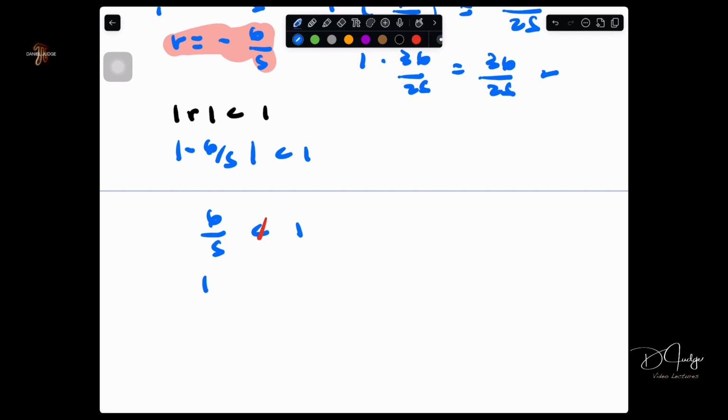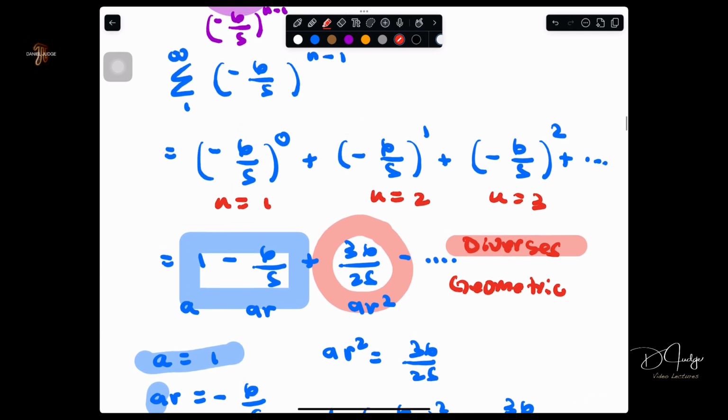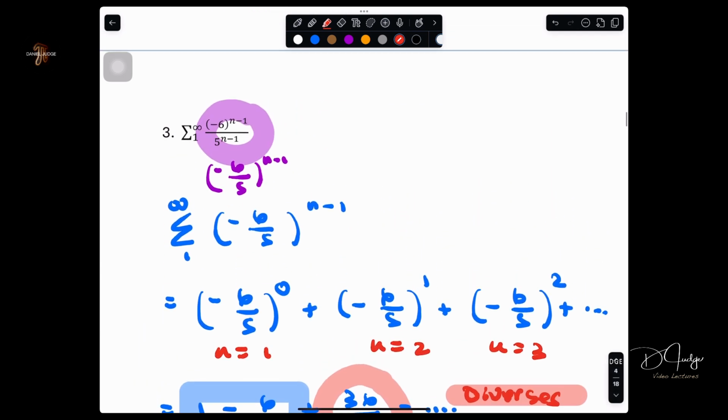As a mixed number. So that is not smaller. It's actually larger. So this diverges, a divergent geometric series. We only have convergence if the absolute value of r is smaller than 1, so this diverges.